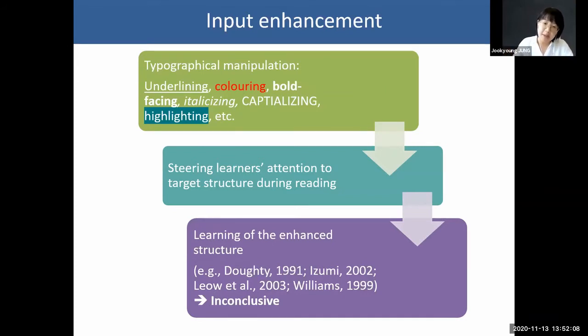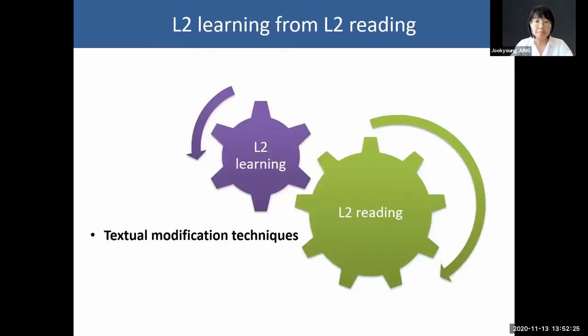And research findings have been inconclusive. There is no clear evidence that input enhancement has a positive impact on learning of those enhanced features without having any deteriorative impact on reading comprehension.